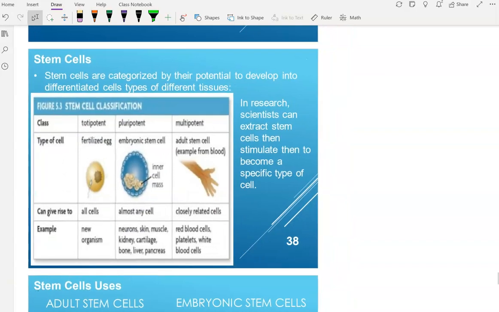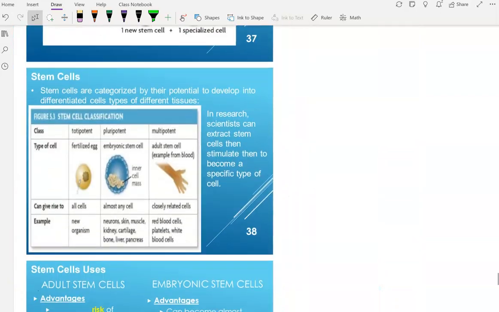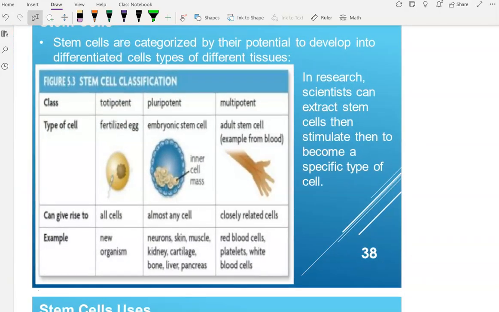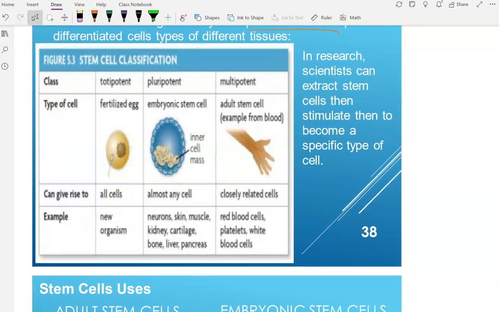And there are different classes of stem cells. This is just a generic example. They differ in their potential to develop into different types of cells. For example, cells coming from an embryo or a fertilized egg usually have a lot more wiggle room in terms of being able to manipulate them to become a specific type of cell.